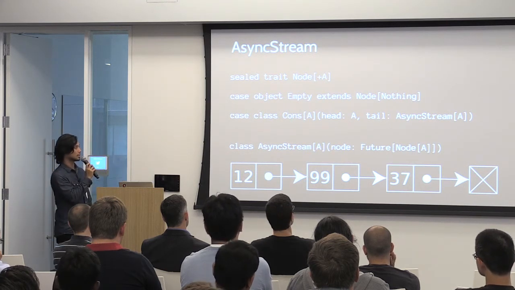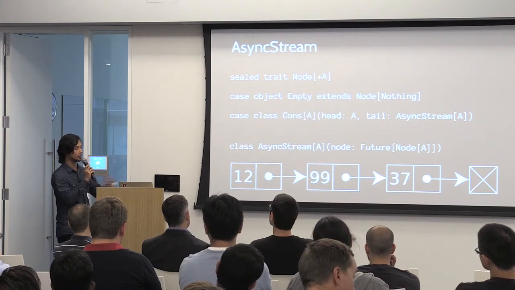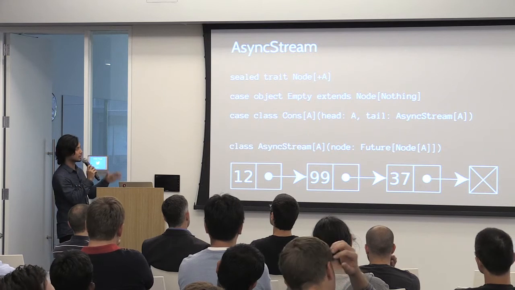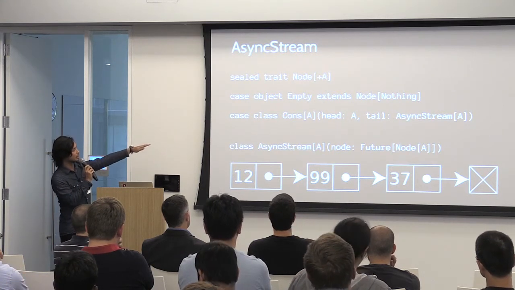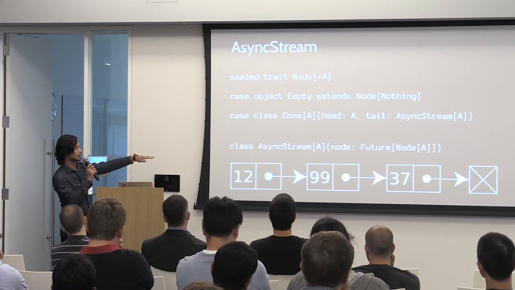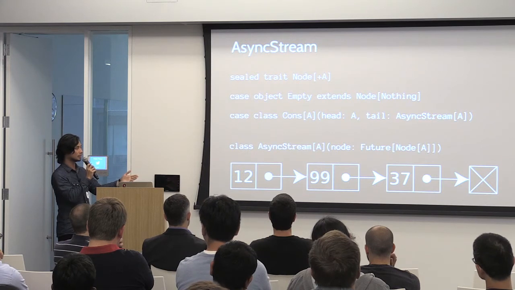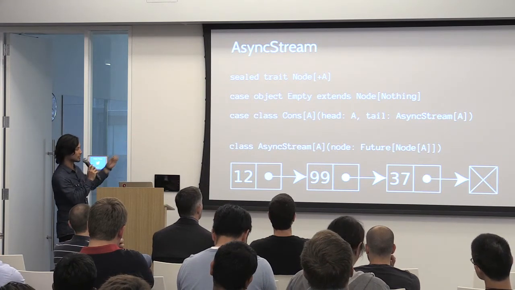And then a Cons, which is the value and then the rest of the stream in a tail. So you can see the type of tail is AsyncStream. And how we define AsyncStream is it's a wrapper of a Future of a Node.